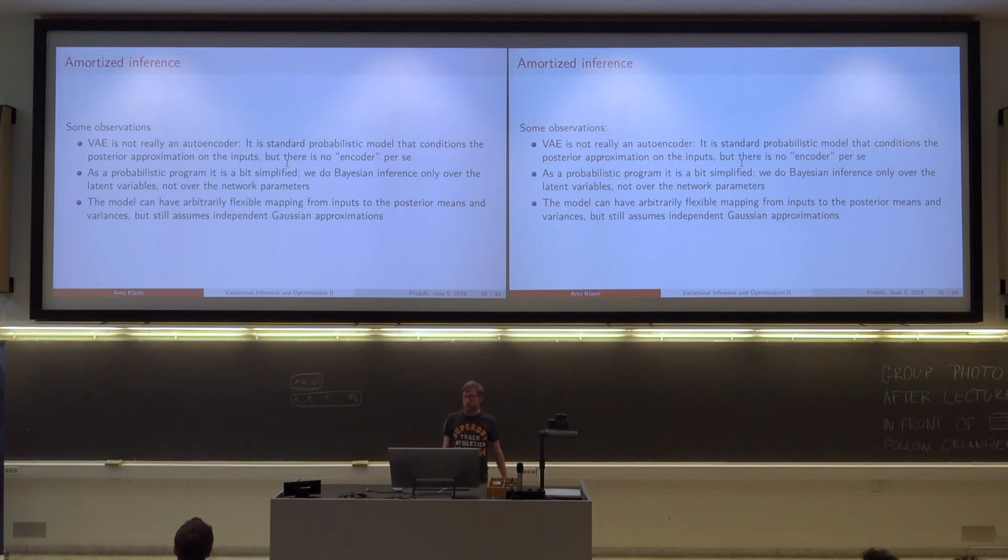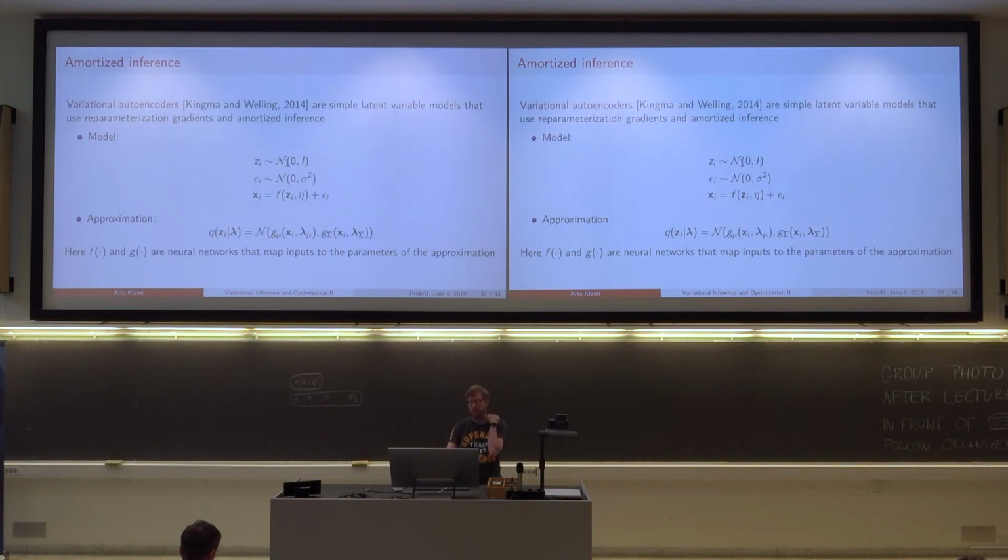What it can do is that there's an arbitrary flexible mapping from the inputs to the parameters of the approximation. But the approximations themselves are still normal distributions. You have a normally distributed latent variable if you have an approximation that says it's a normal distribution. So it's a variational approximation with all the issues that you could have. But you can train it with stochastic gradient descent and so on.